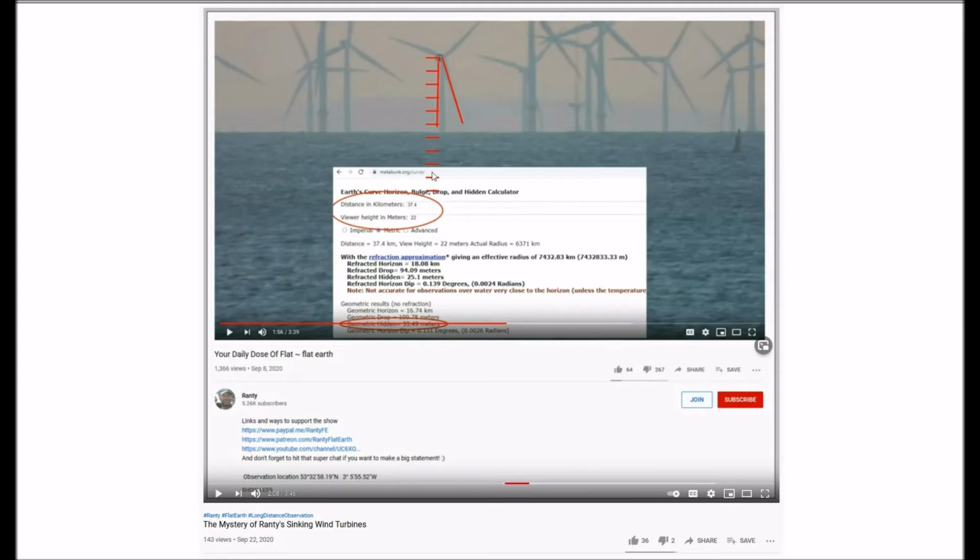I measured down to here, and it matched the Earth Curve Calculator's prediction of how much would be hidden. Of course, I left a comment on Ranty's video alerting him to this response, and I got no reaction.